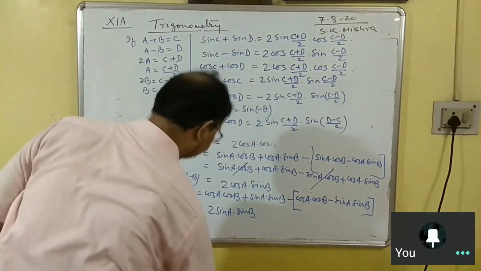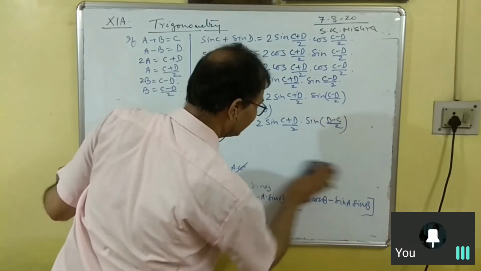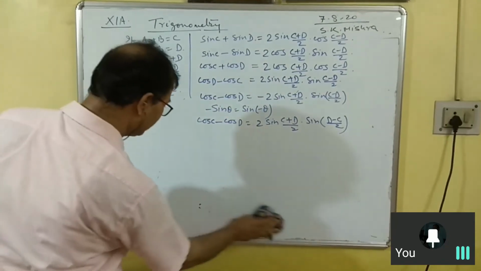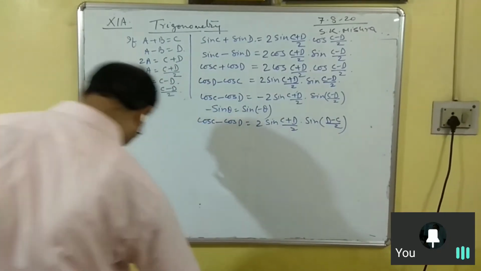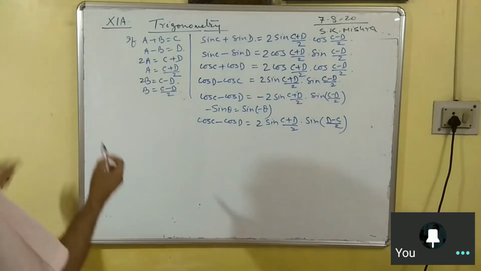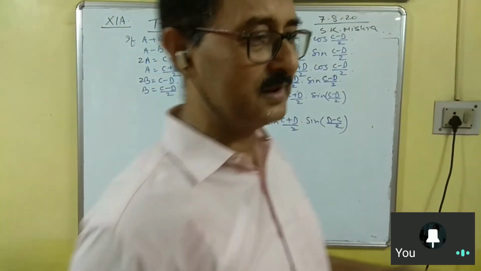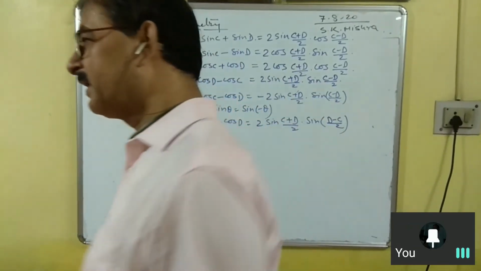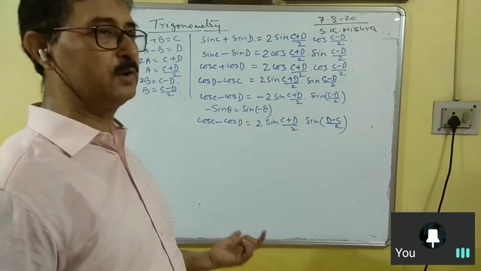So all of you have written it, though I am not a mathematics teacher. My motto is to inform you about some mathematical formulas useful for physics, and that's why I am writing formulas only. Now sin theta is perpendicular by hypotenuse, cos theta is base by hypotenuse, which you know from class 10. Then sin square theta plus cos square theta is 1, that basic formula you have already studied in class 10.